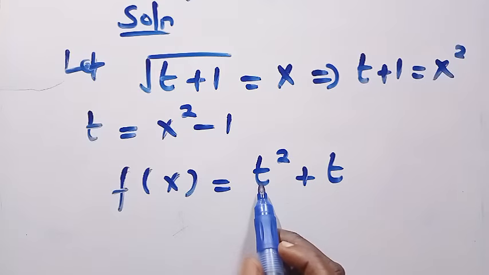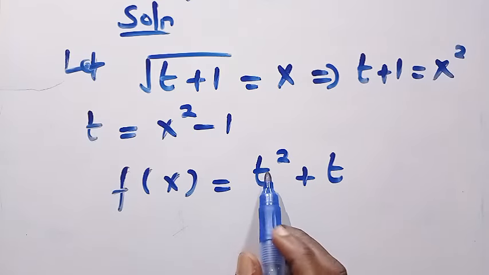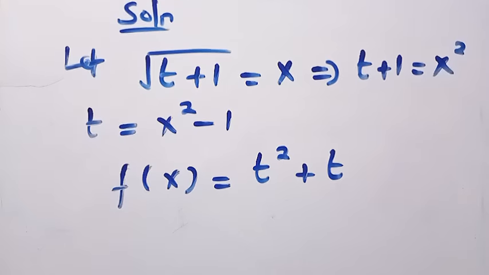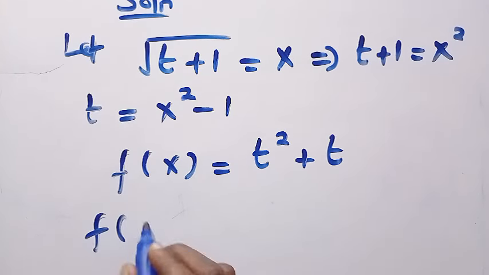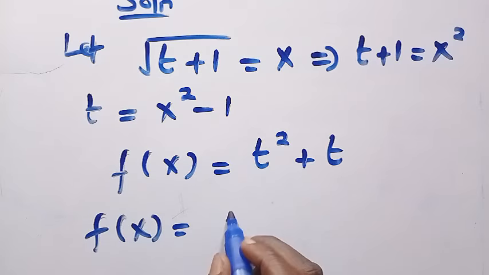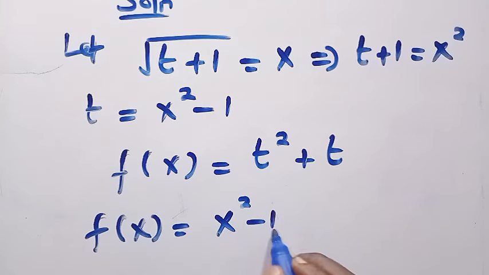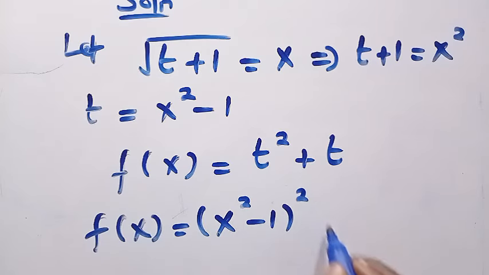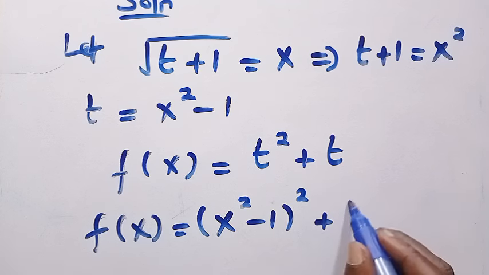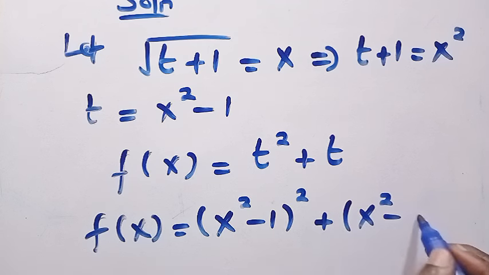We have already let t equal x squared minus 1. By replacing it at this point, we have f of x equals, instead of t here, x squared minus 1, all raised to the power of 2, plus also we have t here as x squared minus 1.